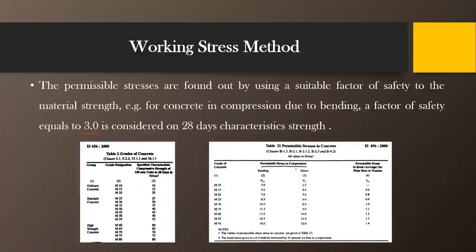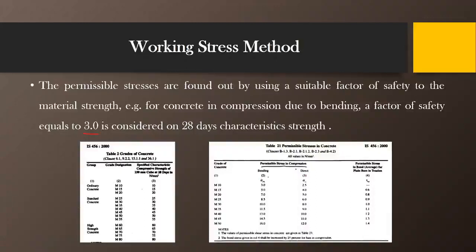In this table, they have again provided the grades of concrete and permissible stresses in compression, in bending, and in direct compression. Bending means whenever beams and slabs are subjected to flexural loads, whatever bending stresses develop due to that flexural action are given here. And whenever columns are subjected to direct compression, the permissible stresses should be taken as these values.